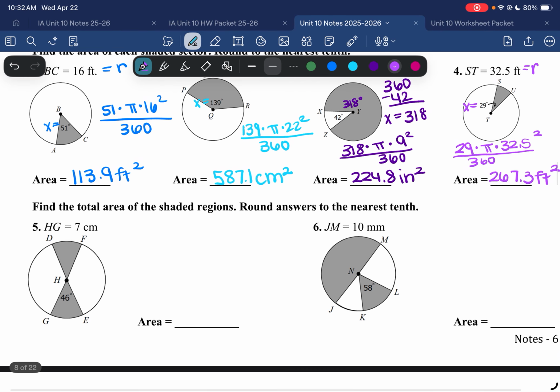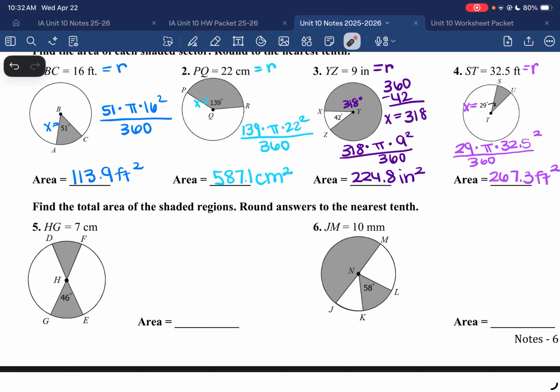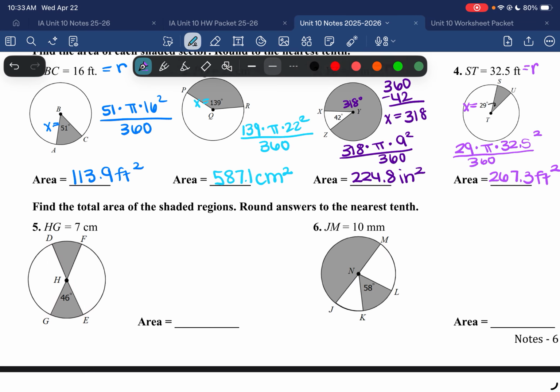Okay. Last two, find the total area of the shaded regions, rounding answers to the nearest tenth. These last two are almost the exact same as above, except now when we're talking about our x, we have to include the degree of all the shaded region. So we want this part and this part. So we go back to unit number one and remember those properties. Right here we have vertical angles, which means this degree over here is also 46.